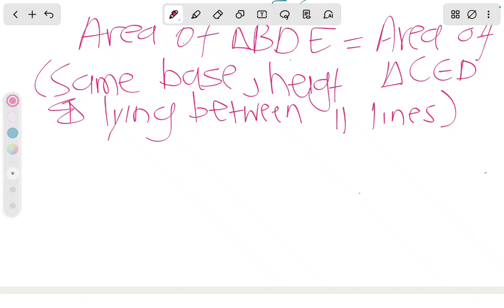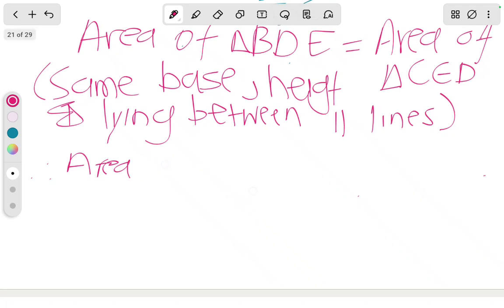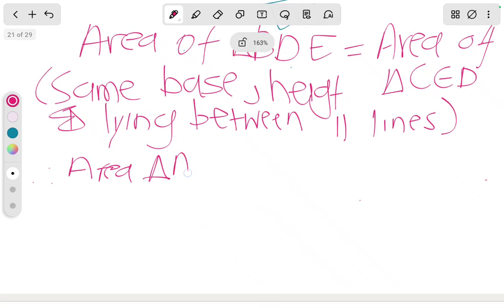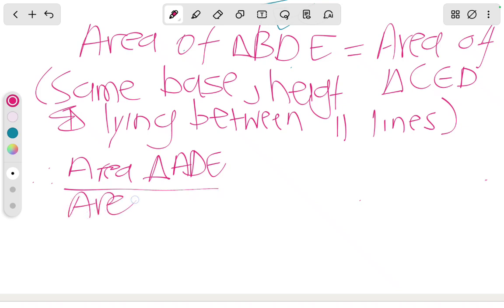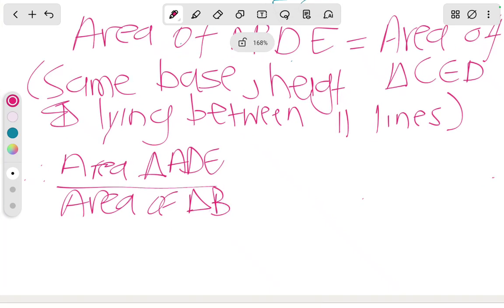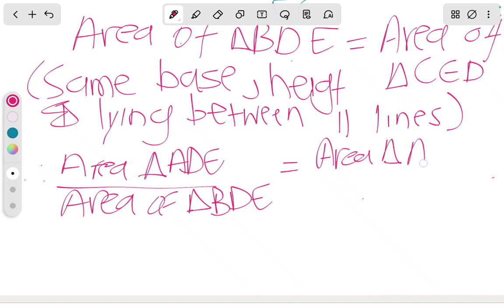Therefore, we can now conclude that the area of triangle ADE divided by the area of triangle BDE is equal to the area of triangle ADE divided by the area of triangle CED.